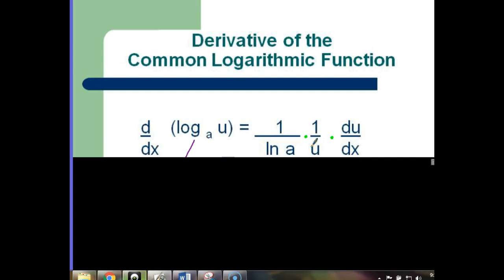So change of base says the log base a of u is the same as the natural log of u over the natural log of a. How do you remember that? Isn't that how you do it on a calculator? Yeah. Because calculators in the past weren't smart enough, but now the calculators actually have this on them. But in the past, you had to do this on the calculator. What do we know about ln of a? It's really just a number.